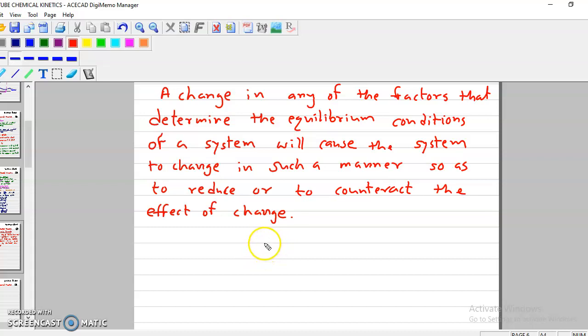Now at equilibrium, if you change any of these factors, concentration, temperature or pressure, then there will be a change in the equilibrium state. And the change is according to the change which we made. Okay. For example, effect of change in concentration.